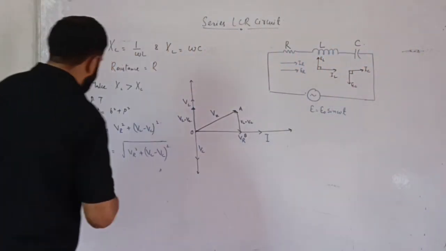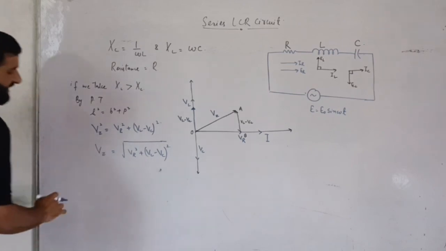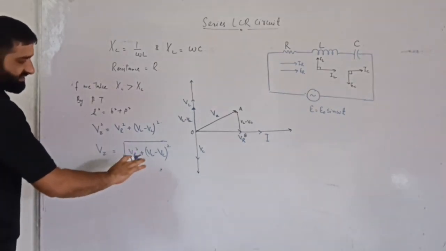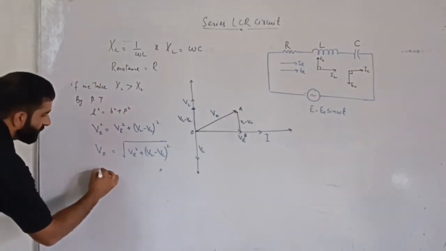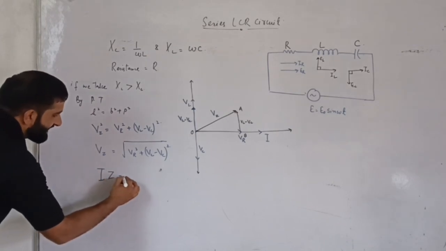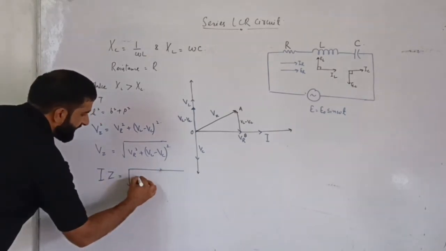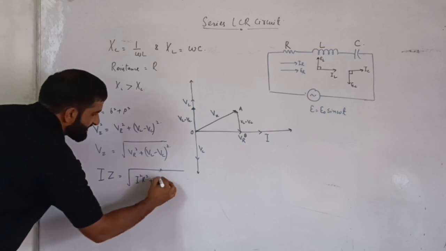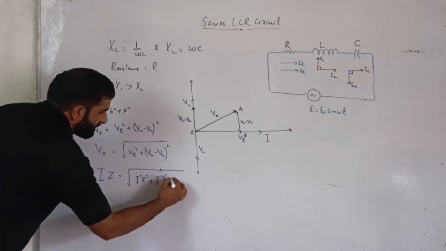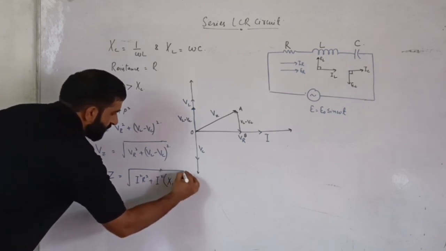So we have Vz equal to root of VR square plus VL minus VC whole square. That will be equal to I into Z, where Z is the impedance, that is root of I square R square plus I square, which is common, into XL minus XC whole square.